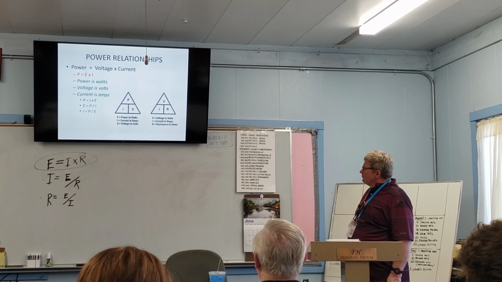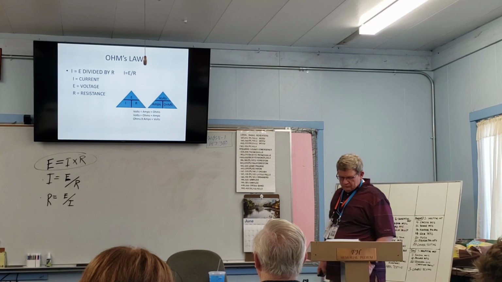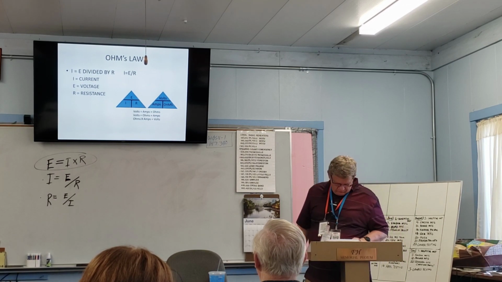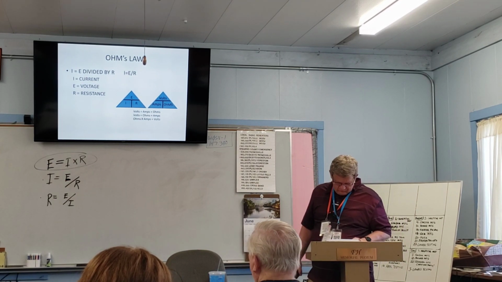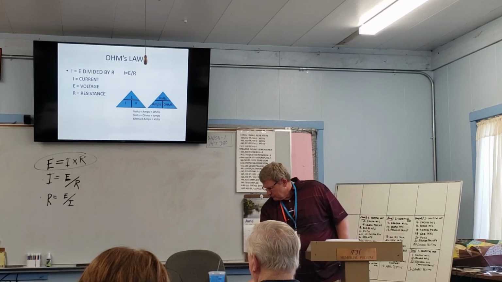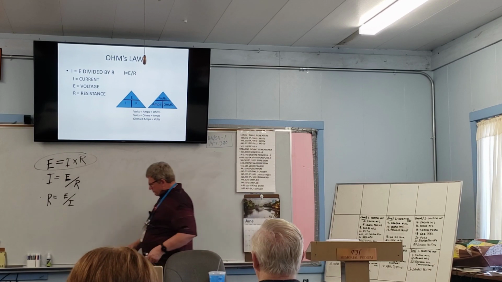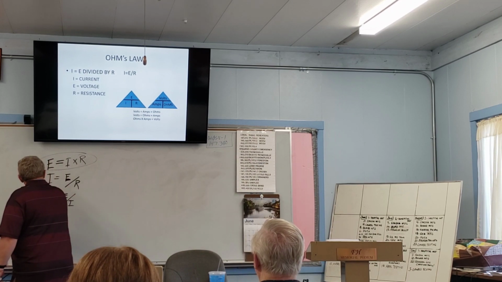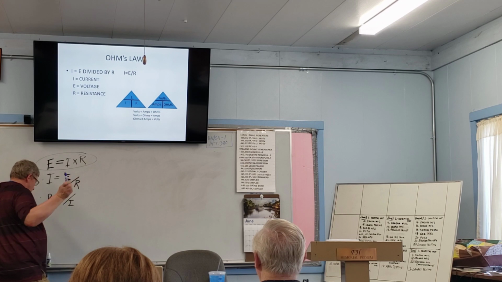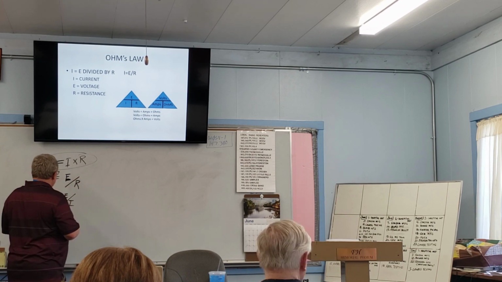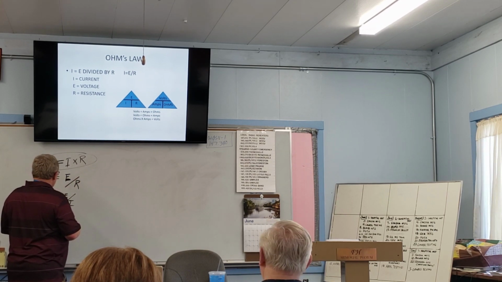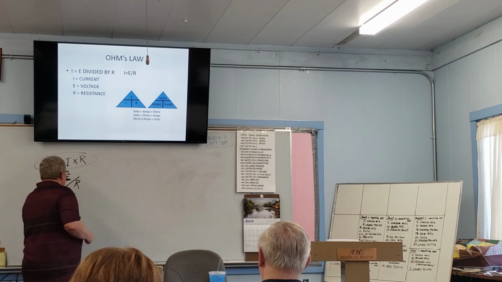The two on the bottom, you just multiply together, and if you're trying to get the one above with one below, it's the basic division sign. So E over I times R is equal to 1? Kind of, yeah.